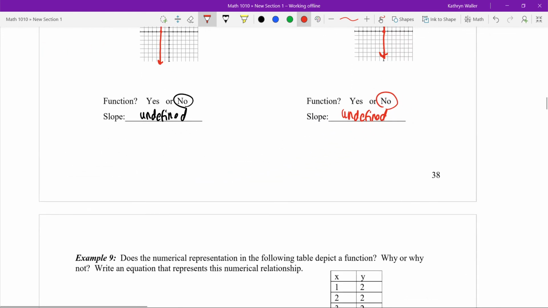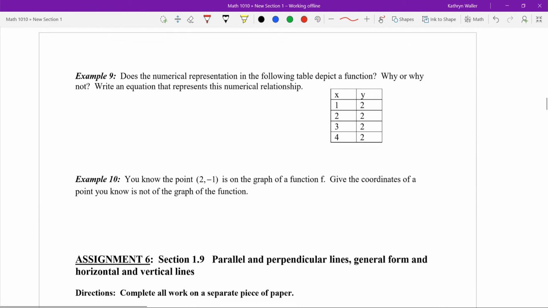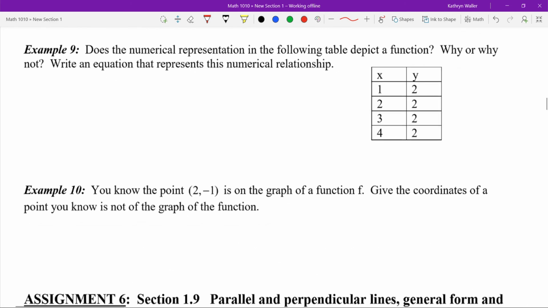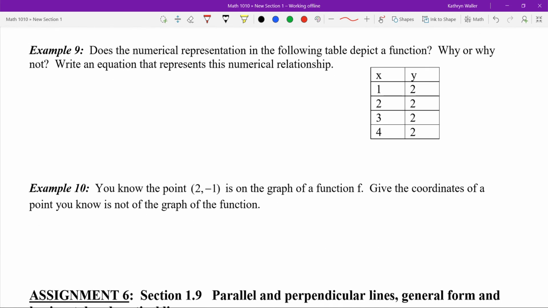All right. Two more. Does this represent a function? Why or why not? Write the equation for this numerical relationship. All these things you guys have seen on Weber State stuff. I add them in at the end because I'm like, oh, I got to talk about this. Is it a function? Everybody tell me that. Yes, it's a function.